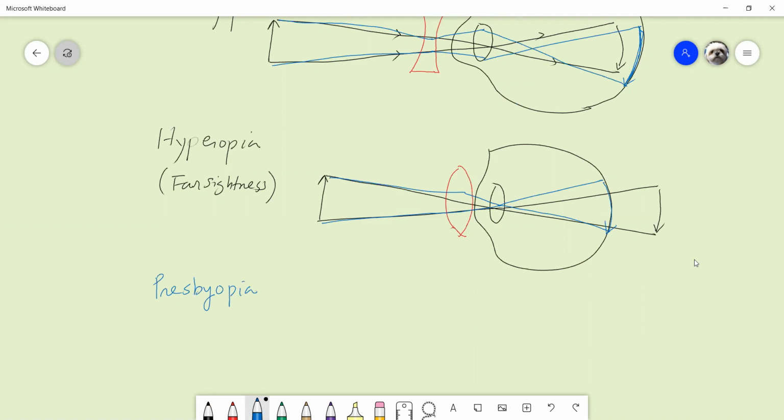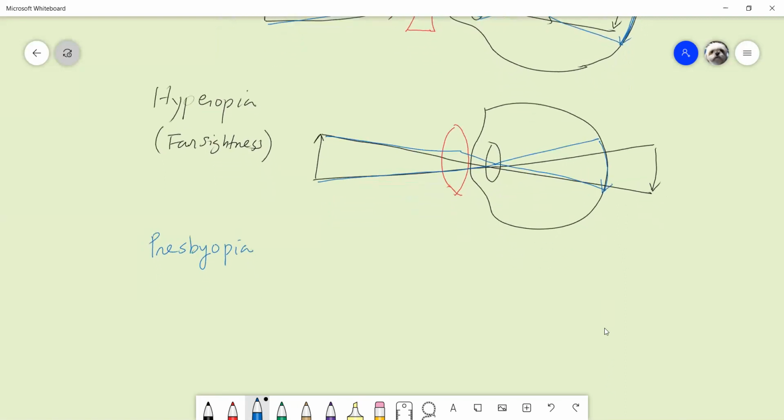The way I learned it, Presbyterian was translated to Chinese and it means old. You understand what I mean? So it really tells us that presbyopia is the problem for old people or the elderly.